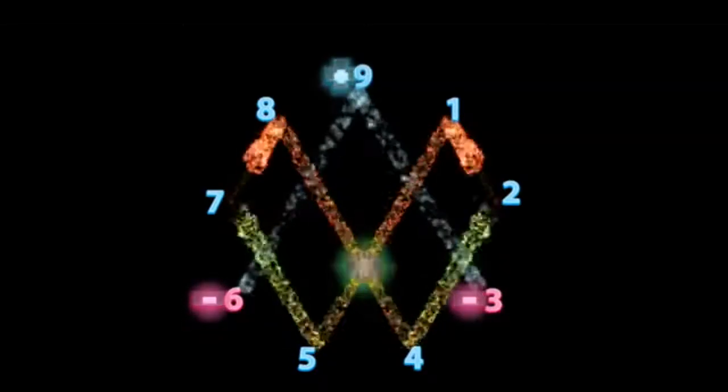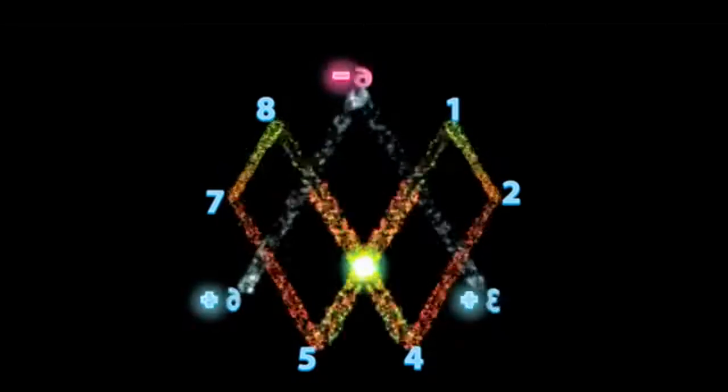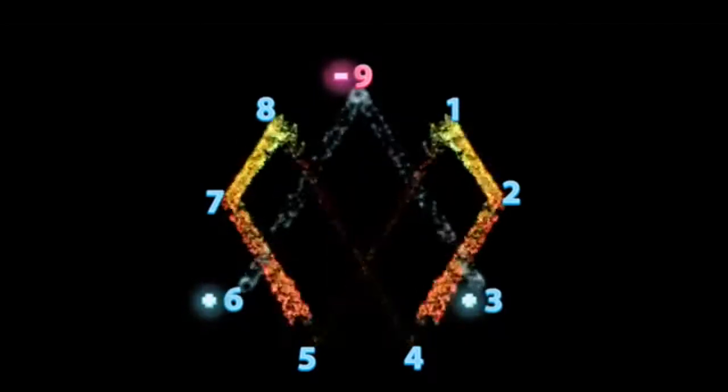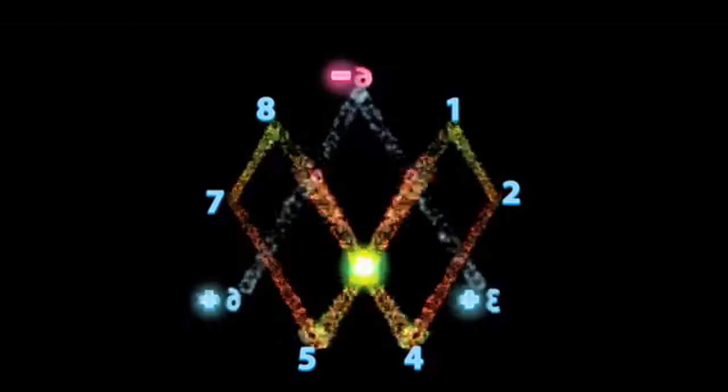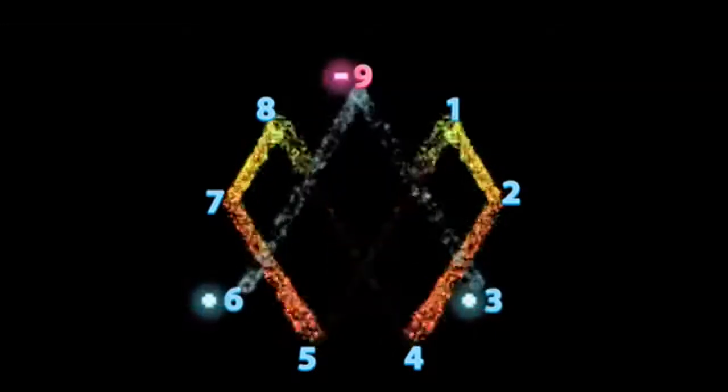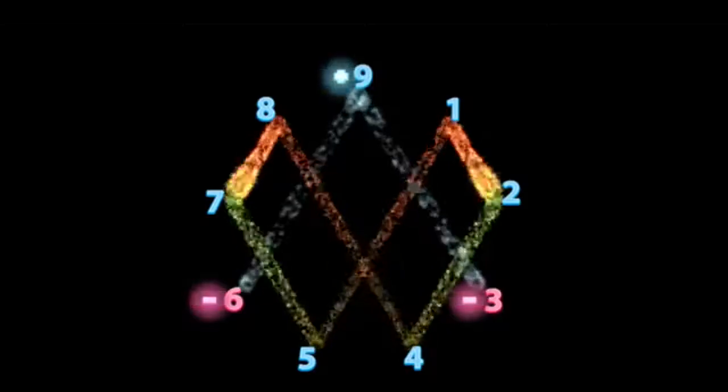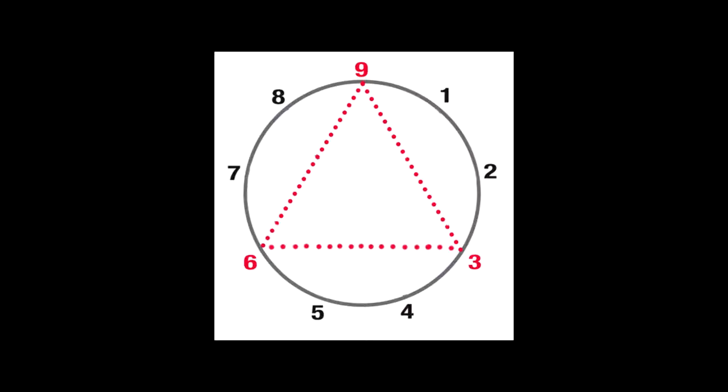But in the back you have the 369 pyramid, constantly inverting, +9, -9, +9, -9. So you have the 369 pyramid.